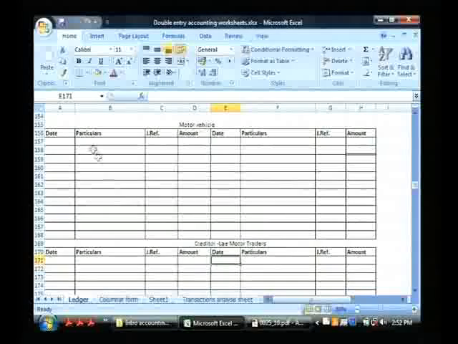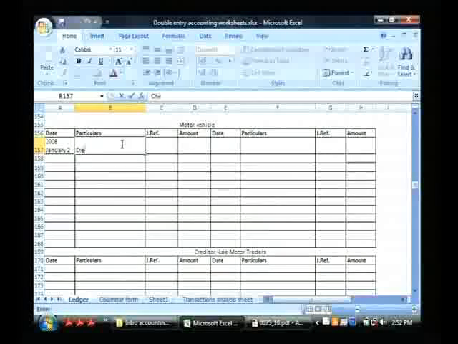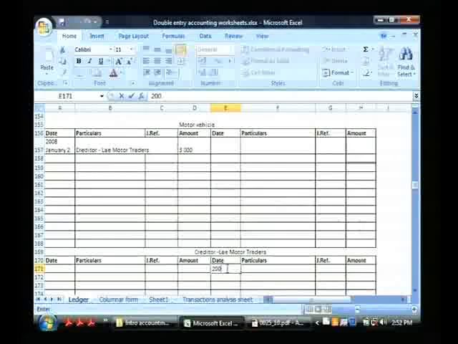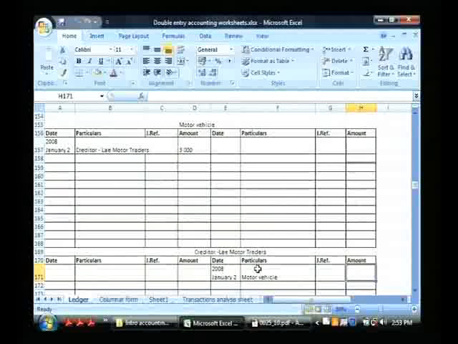Creditor Lay Motor Traders; the double entries are motor vehicle debit, January 2nd, creditor Lay Motor Traders, amount 3,000. 2008, January 2nd, motor vehicle 3,000.